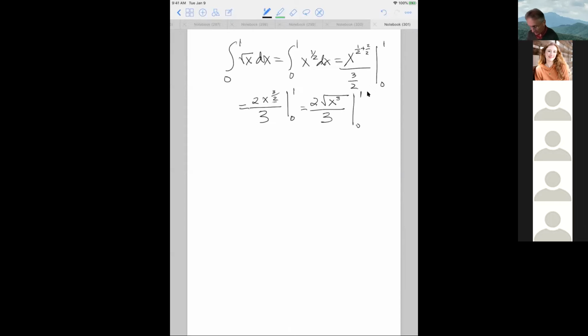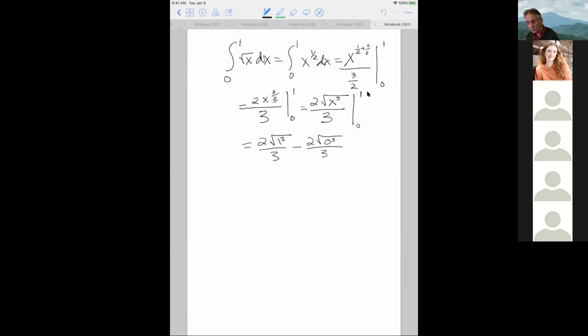All right? So now if I plug in 1, I get 2 times 1 over 3. And then we have to subtract 2 times the same expression at 0. You guys will know that when you can see the whole thing is 0, then you don't have to write everything out, okay?